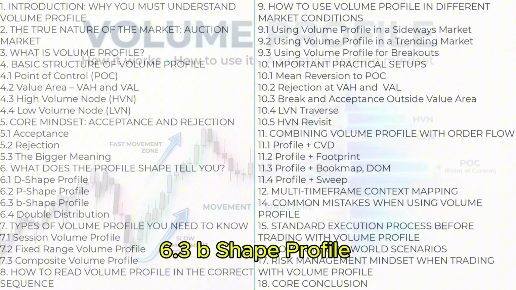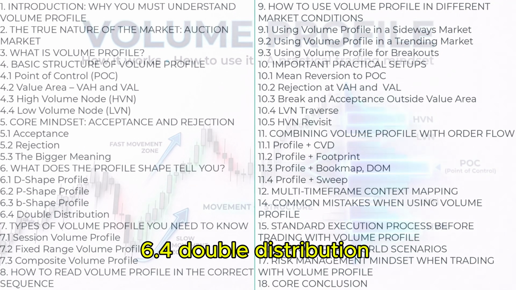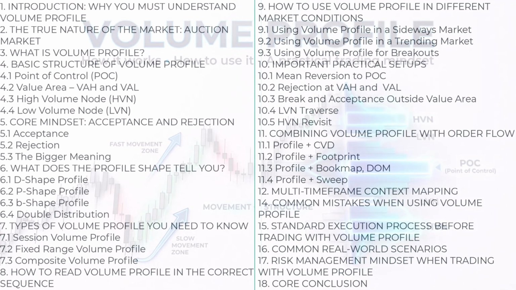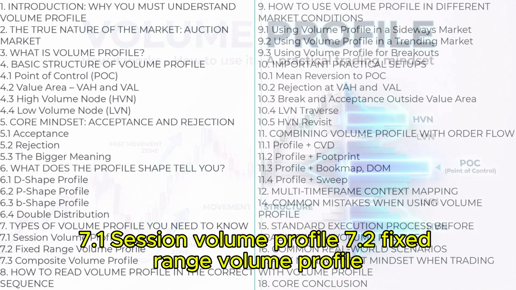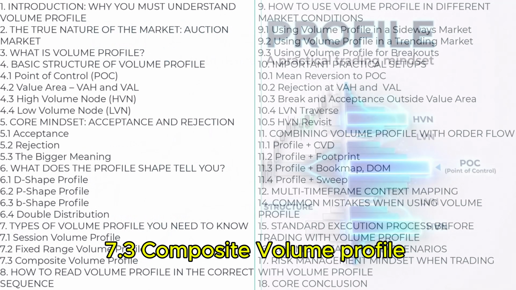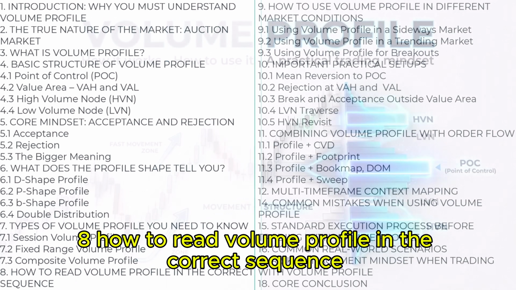B-shape profile. 6.4. Double distribution. 7. Types of volume profile you need to know. 7.1. Session volume profile. 7.2. Fixed range volume profile. 7.3. Composite volume profile. 8. How to read volume profile in the correct sequence.